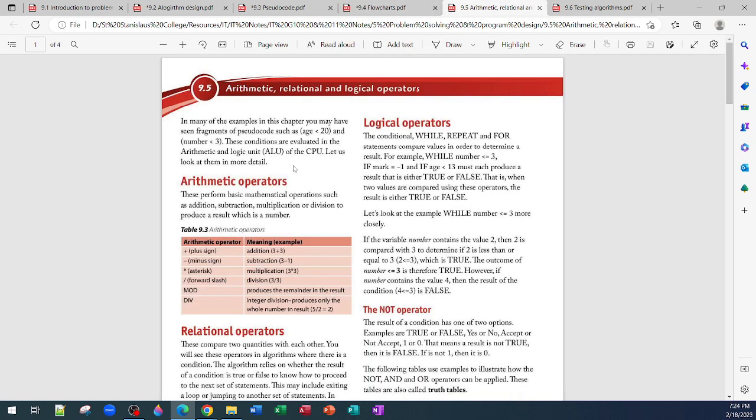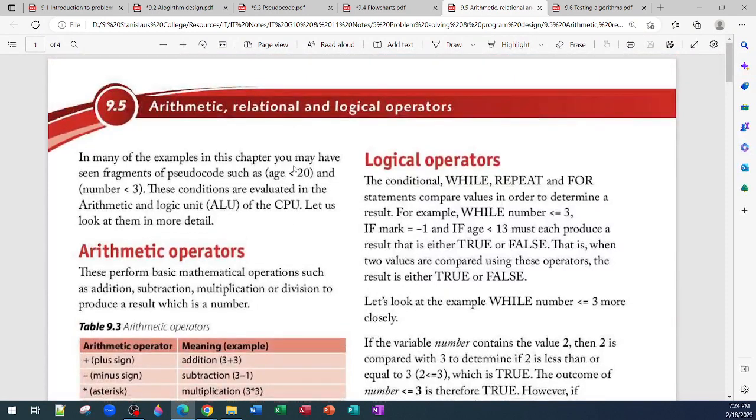All right, so our new chapter, chapter 9.5, we are looking at arithmetic, relational, and logic operators. These are the different types of operators that we have, basically when we're doing calculations. This is not only for programming.